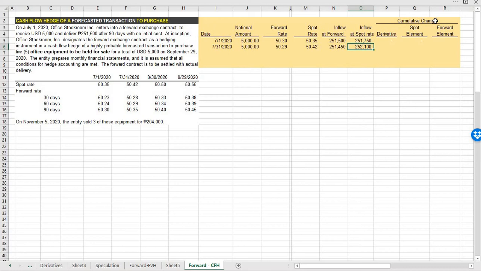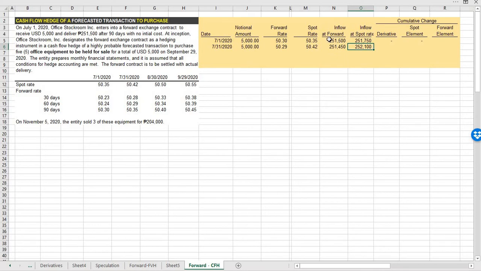Obviously, meron tayong change in the exchange rate. So, paano natin kukumputin? Unahin natin yung derivative. So, yung derivative, which is the value of the forward contract, this is based on the change on the forward rate. So, dito tayo magbe-base sa expected inflow natin based on forward rate.